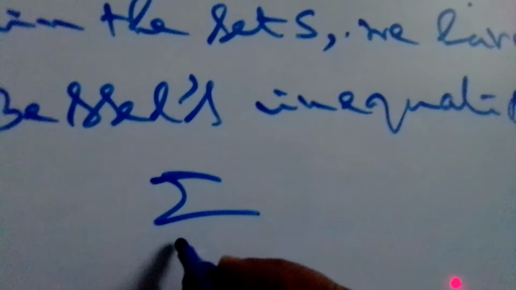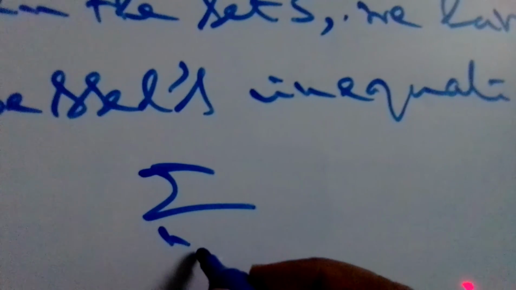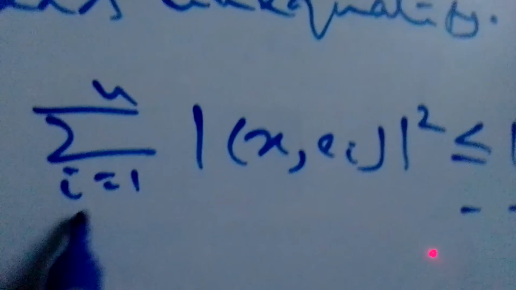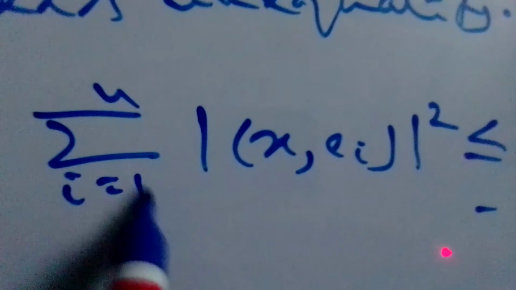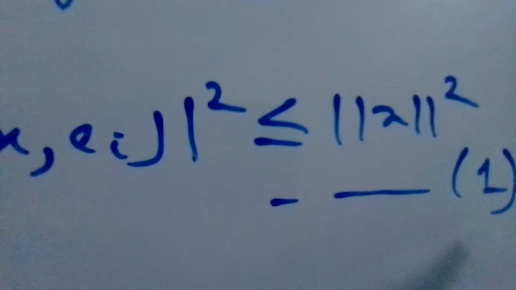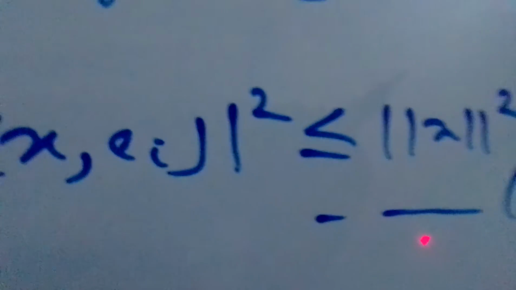by Bessel's inequality, for the finite case with suffix n, the sum of i equals 1 up to n of mod of x dot e_i whole square is less than or equal to the norm of x square, taking it as equation number 1.